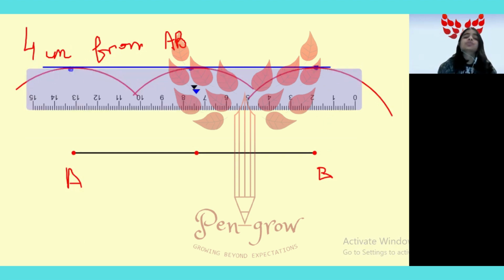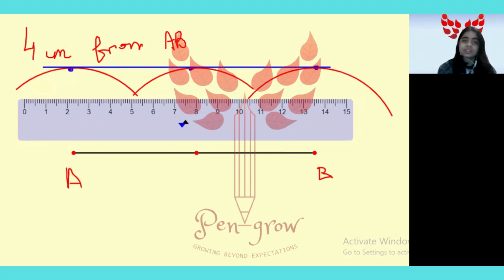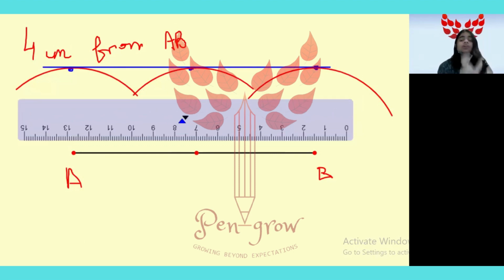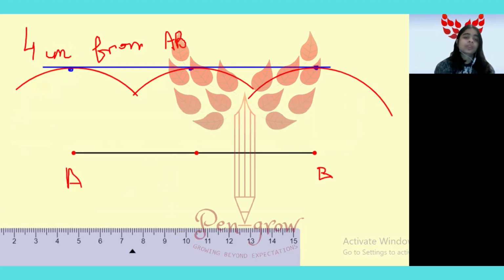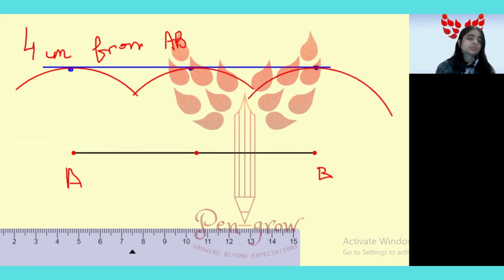And if I measure it through a ruler, I don't think I'll be able to get the ruler vertically here, but if I measure it, this distance will be equal to 4 centimeter. And this is the same thing you'll do to make it down. You'll make arcs and then you're going to join. So this distance is equal to 4.